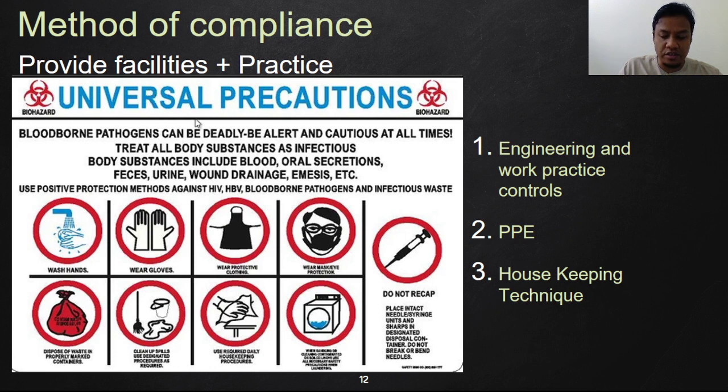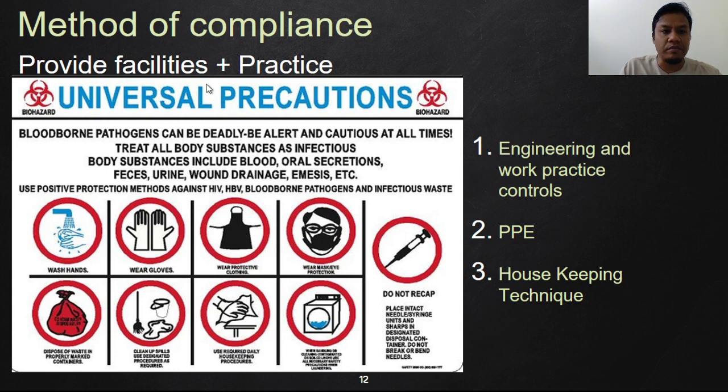Universal precautions is the way of us, medical personnel, treating all samples including blood, tissue, body fluids, and other potentially infectious material as equally threatening, regardless of whether they are proven to contain pathogens or otherwise.